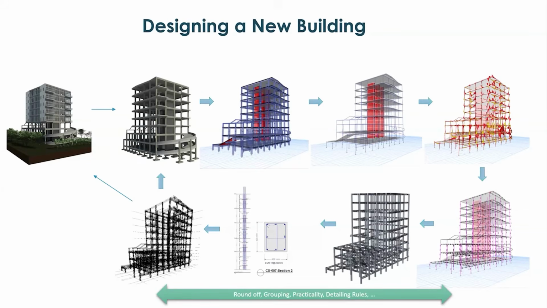But that reinforcement that we calculate doesn't get built because on the way, we have to group the beams. We cannot have every beam be different. We cannot have every column be different. So we group them together and we round off and we follow the detailing rules. So what gets built is not what is designed. So whatever R we use, whatever seismic forces we use, they are correct up to the analysis.